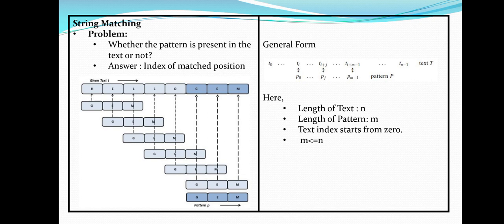In the pattern, it is P0 to Pm minus 1, so the length of the pattern is m, and the index runs from 0 to m minus 1. The text and pattern index always start from 0. m must be less than or equal to n, so the length of the pattern should not be greater than the length of the text. This is the problem explanation.